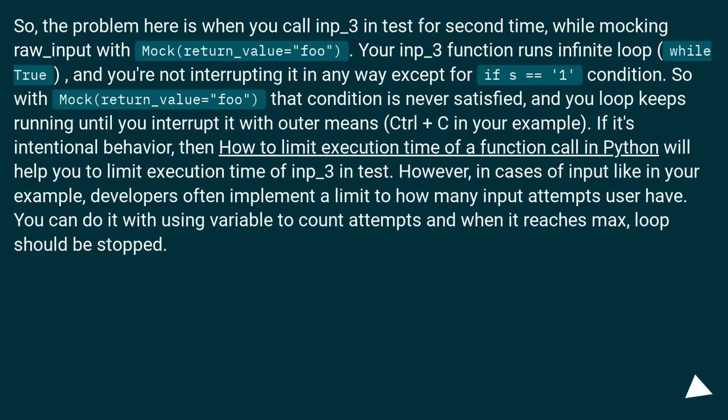If it's intentional behavior, then how to limit execution time of a function call in Python will help you to limit execution time of imp_3 and test. However, in cases of input like in your example, developers often implement a limit to how many input attempts a user has. You can do it using a variable to count attempts, and when it reaches max, the loop should be stopped.